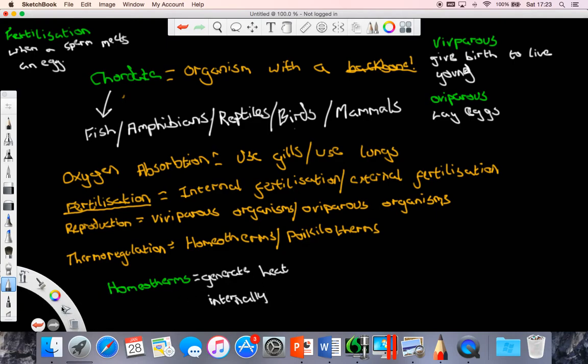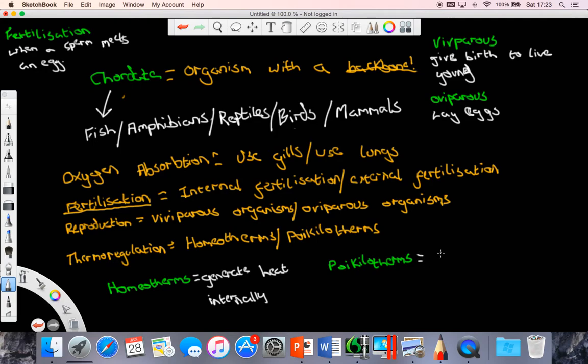Whereas the other one, poikilotherms, big word, makes you sound really clever if you know what it means. Poikilotherms are organisms that use the environment to manage their body temperature. So their body temperature fluctuates depending on the environment.